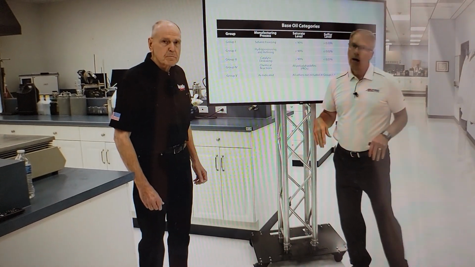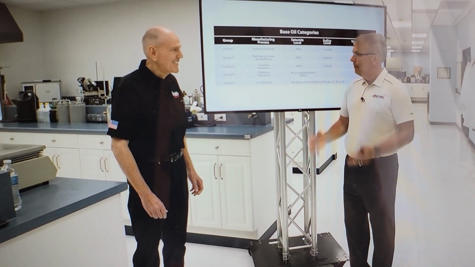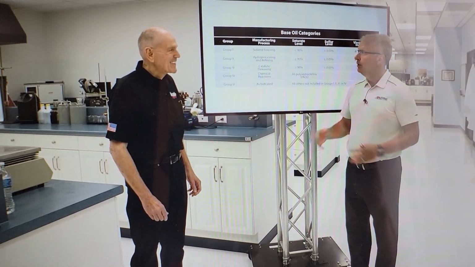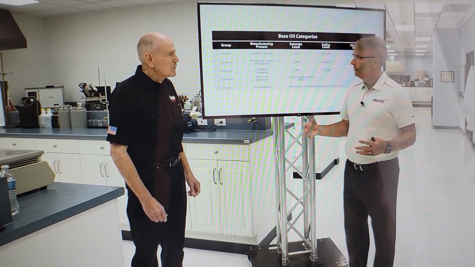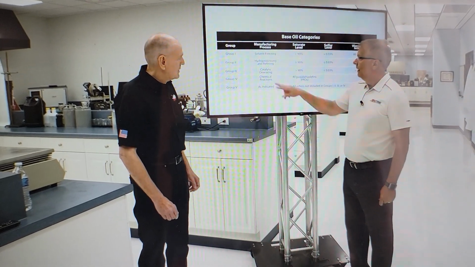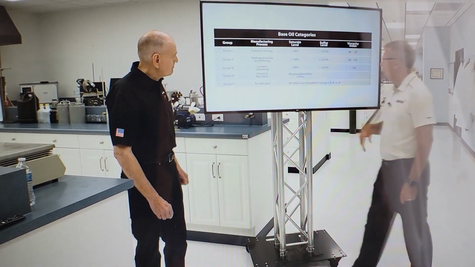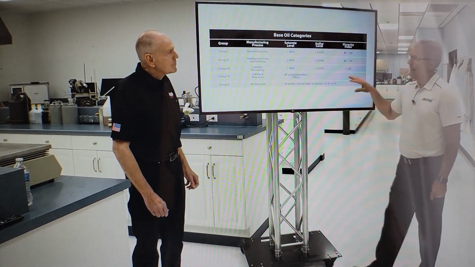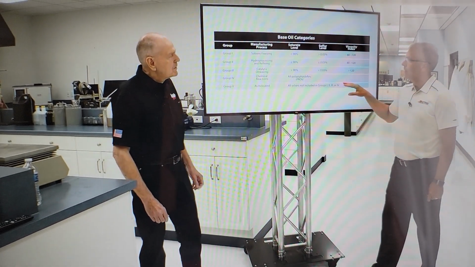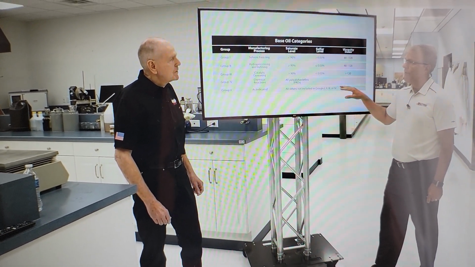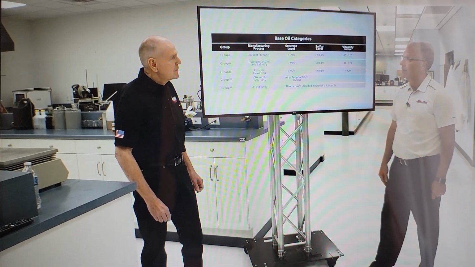This does not come out of the ground. This is a chemically synthesized molecule, making it very pure and very controlled. It's all chemical reactions to do that. And as a result, that molecule imparts really, really good properties to the lubrication products that are made with it.